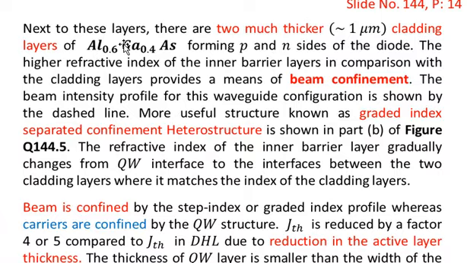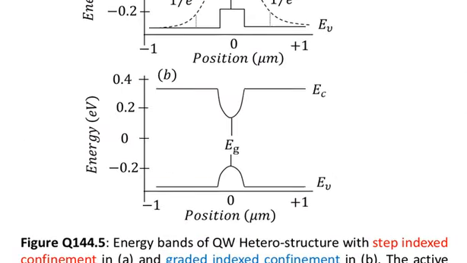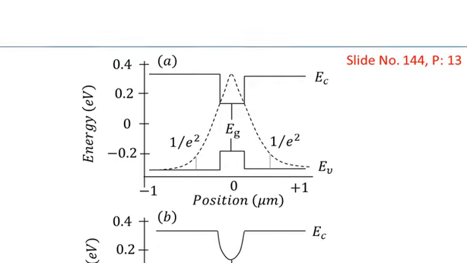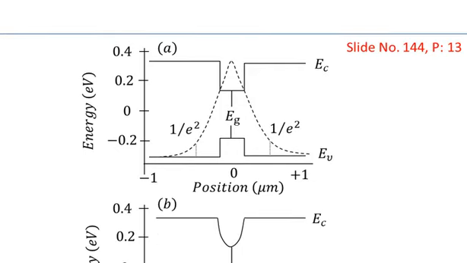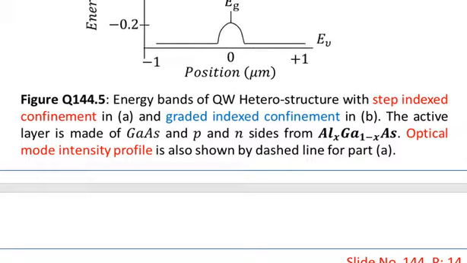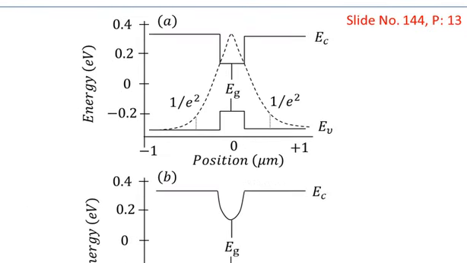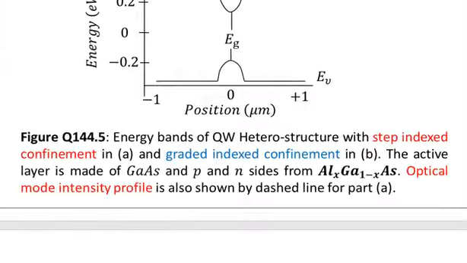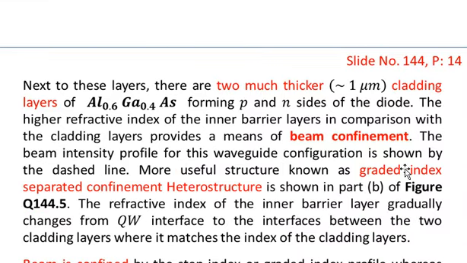So I have shown the central region in this figure, that is the quantum well and the wider band gap layers around it. But beyond that, on the right hand and left hand sides of these regions, there is a thicker material of P type and N type cladding materials, made of aluminum 0.6 gallium 0.4 arsenide, forming the P and N sides of the diode.